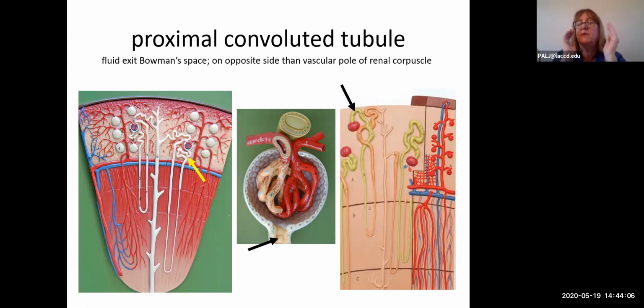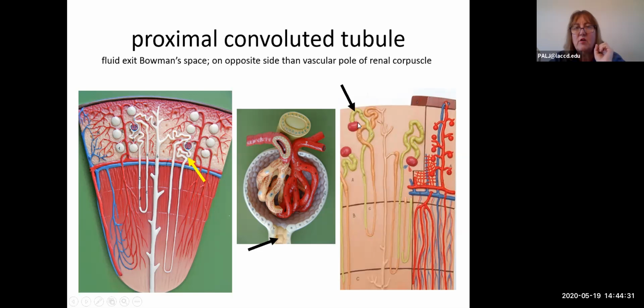It's called proximal because it's right next to the renal corpuscle. Why is it called convoluted? Because if you look at it, it's very squiggly, zigzagging back and forth all over the place. And so it squiggles and squiggles, and then it's going to drop down into the renal medulla, take a U-turn, come back up, and go back into the cortex. So only this part that's here in the cortex is called the proximal convoluted tubule.